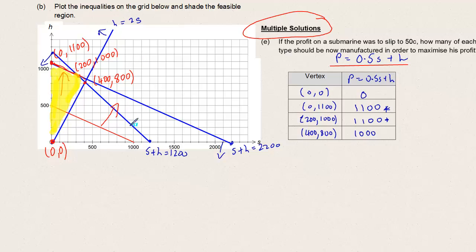The last point which is left inside the region as the line sweeps across is the vertex at which you get your maximum.